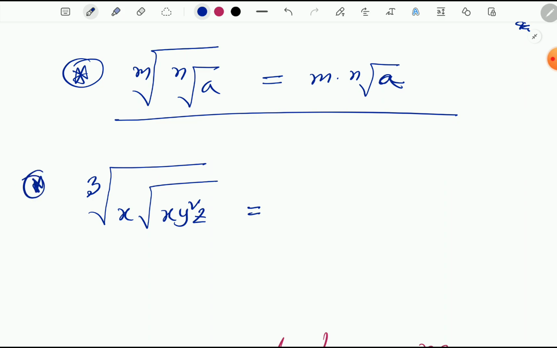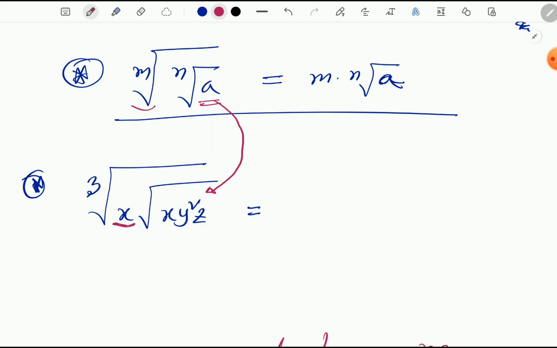In the formula it's given that the square root of the nth root of A. Here A equals this monomial x y square z, but we can see in between these first two roots there is another value, which is x. So we cannot directly apply the formula for this case, because this space must be empty.